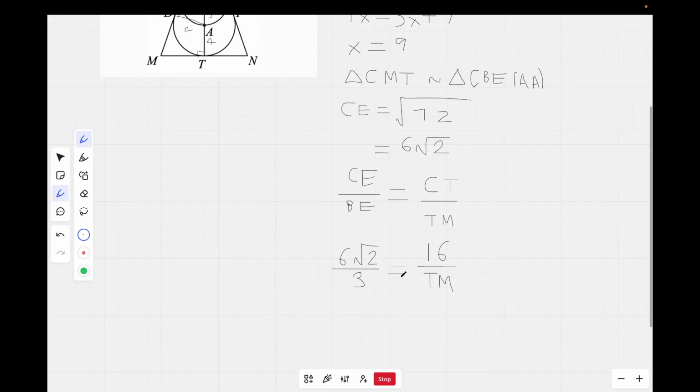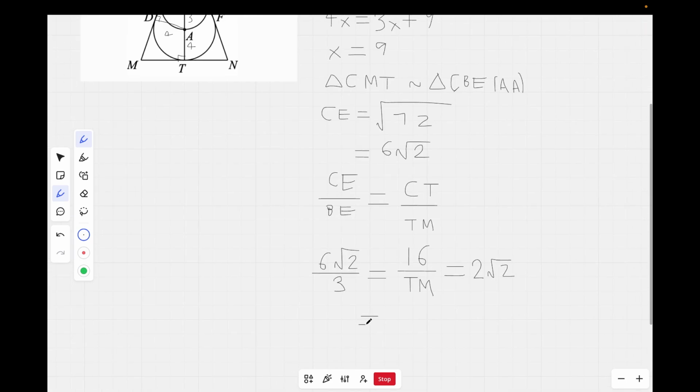And this ratio is clearly equal to 2 square root 2, right? So we can then solve for TM, because we have 16 over TM is equal to 2 root 2, using the usual methods. And we can get TM is equal to, I believe, 4 root 2. Okay, so we have TM is 4 root 2.